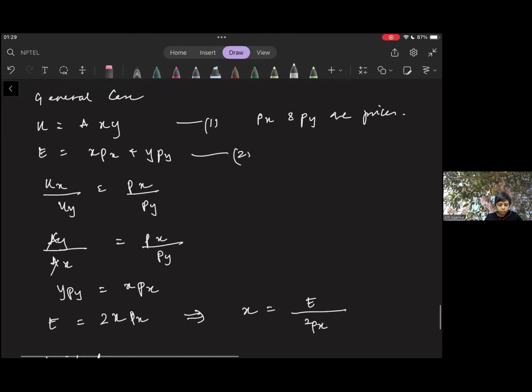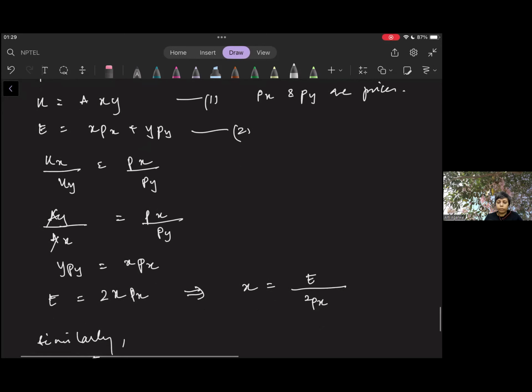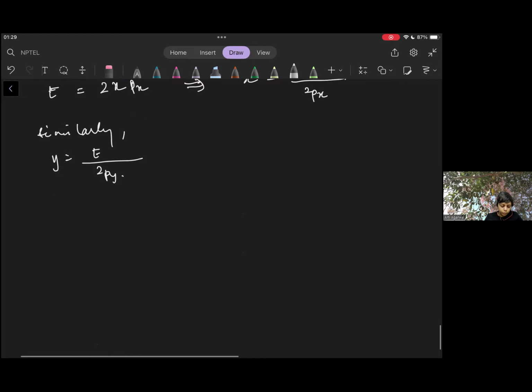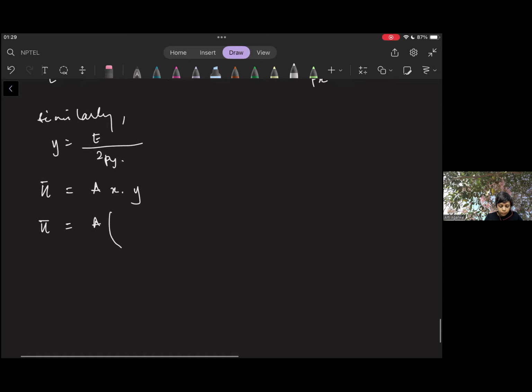So, why not substitute this back into the utility function? Suppose we take u bar is equal to ax into y. So then u bar is equal to a, x is what? E upon 2px, and y is E upon 2py, right?